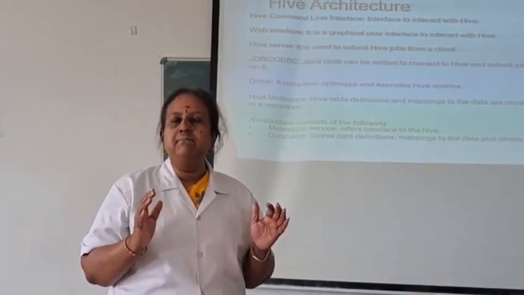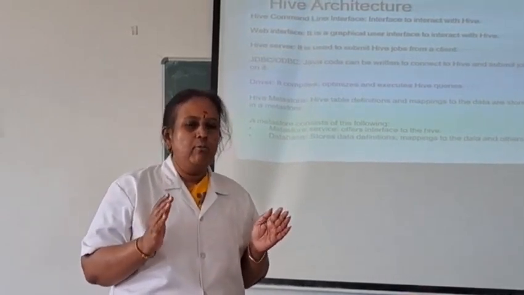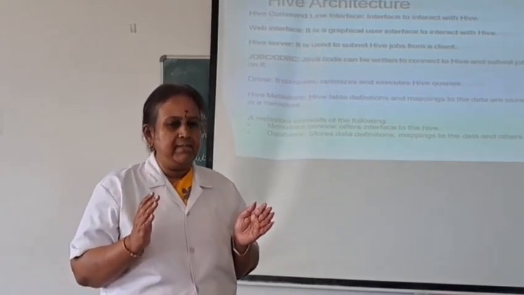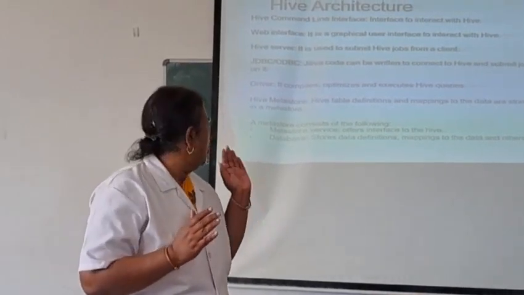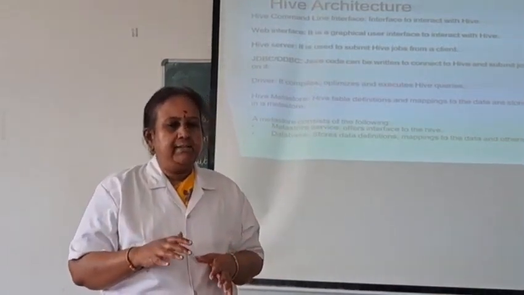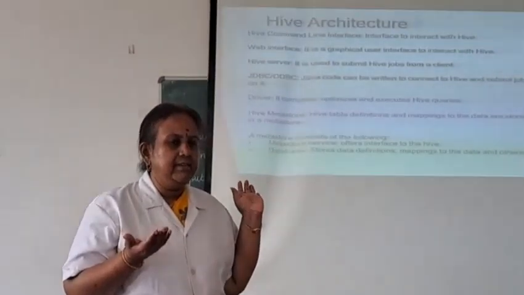So that is the simple understanding. The metastore is nothing but table definitions and mappings to our data that are stored in the database. Then it can directly communicate to an interface in Hive.